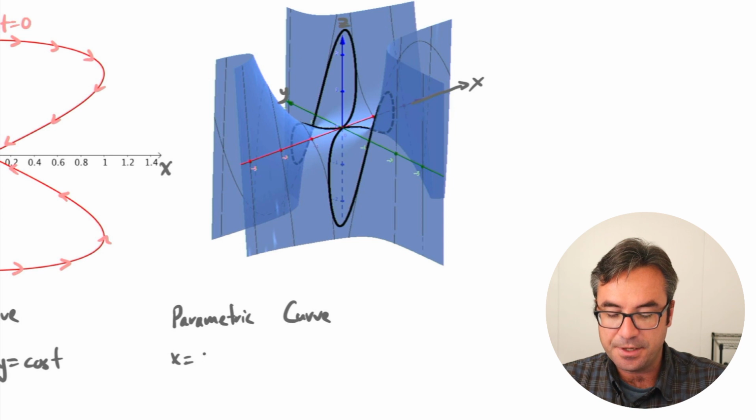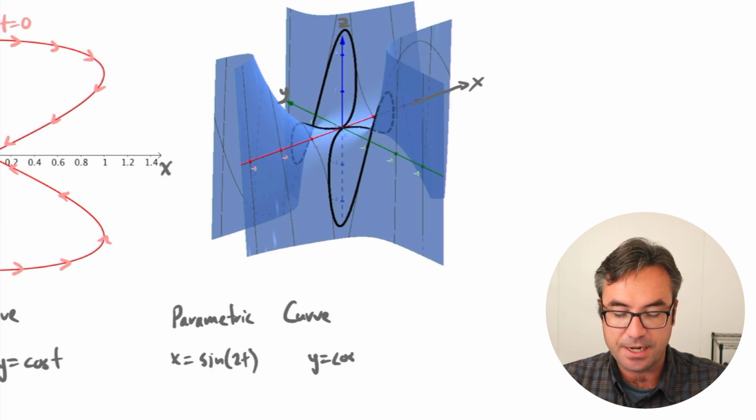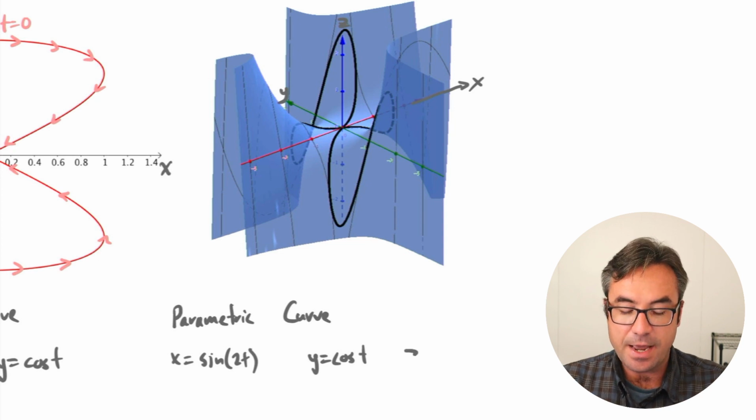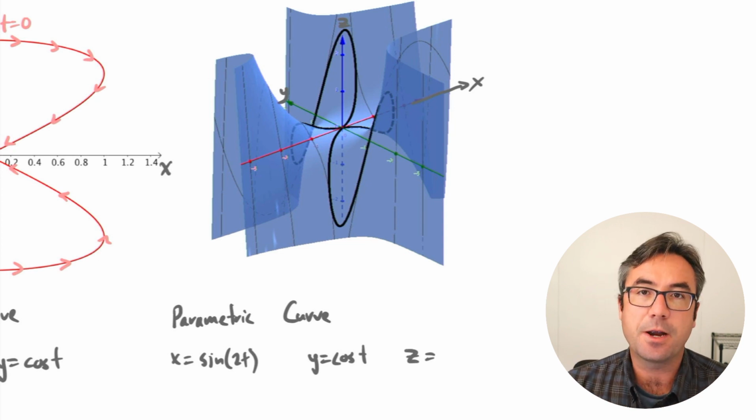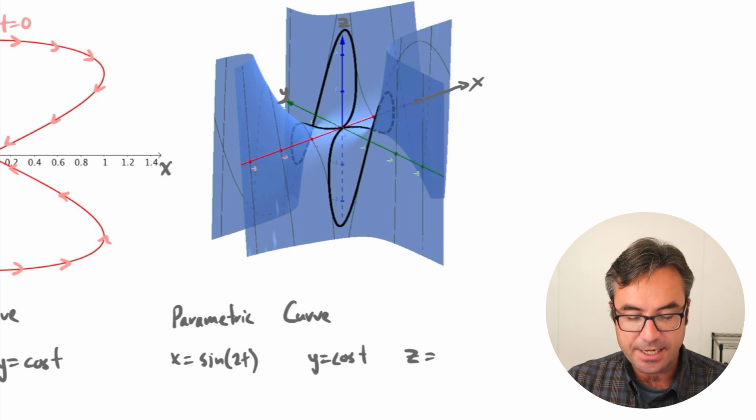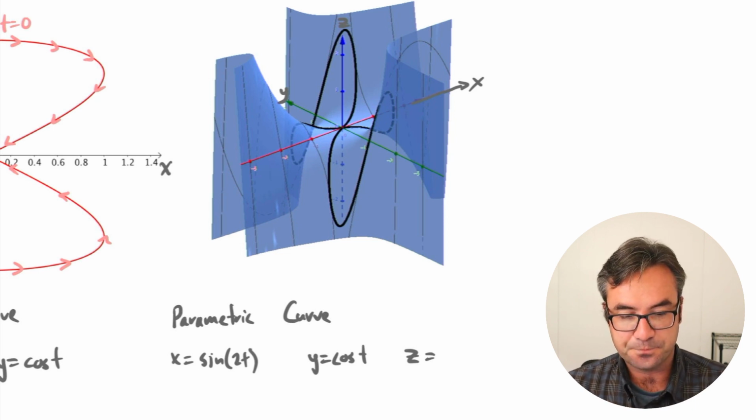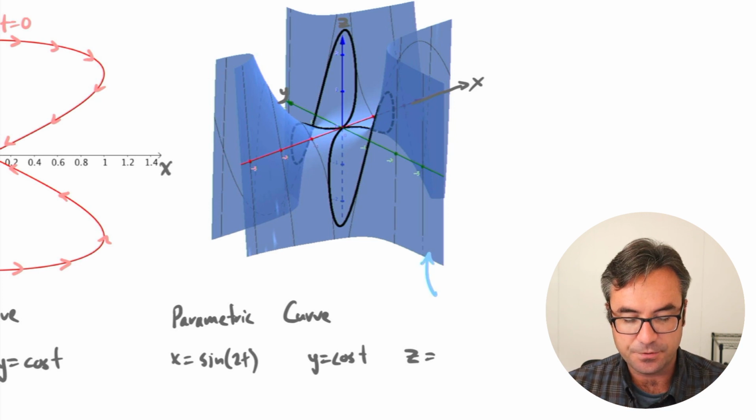X is still the sine of 2t. Y is still the cosine of t. And now we have a third part of our parametric curve, the z part, where we essentially take our surface. So we have our surface plotted here. And what was the equation of our surface?